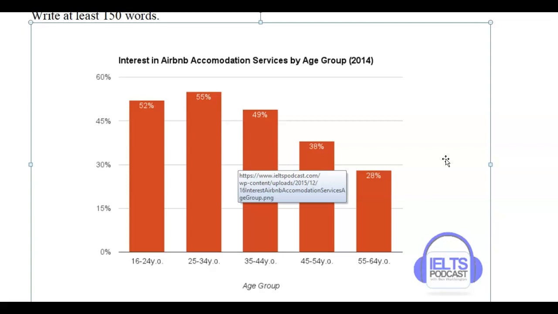So clearly, with the older group, popularity is less. Okay, and then you can talk about how these figures then relate to each other. So then you've got 10% less for the following group, and then 10% even further for the next group. So you have to make some connections. You have to maybe throw some things together to see how they relate. But yeah, I felt it needed a little more work.